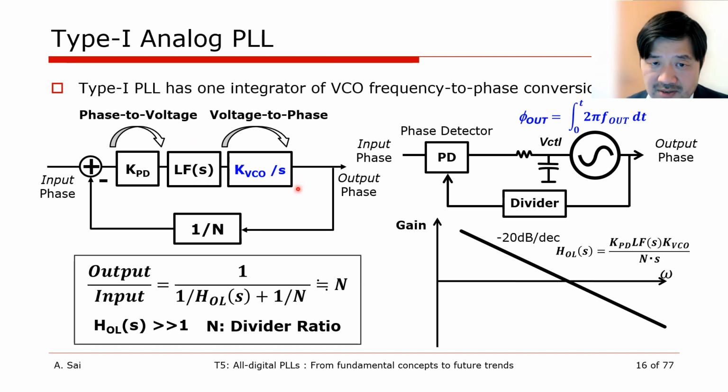The VCO converts the voltage into frequency with the gain of KVCO, then integrated it over time here and convert it to the phase. So in other words, the total transfer function is KVCO per S. The multiplied feed-forward gain is expressed as this, resulting in a simple first-order integrator.